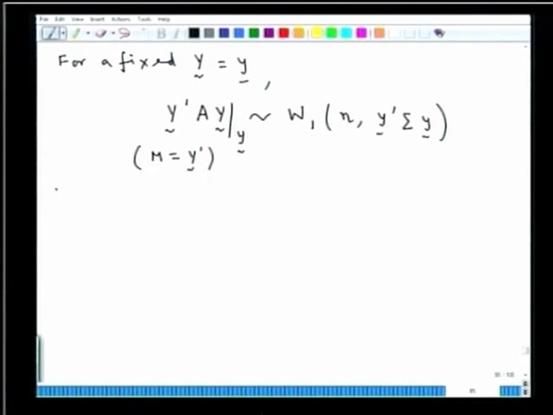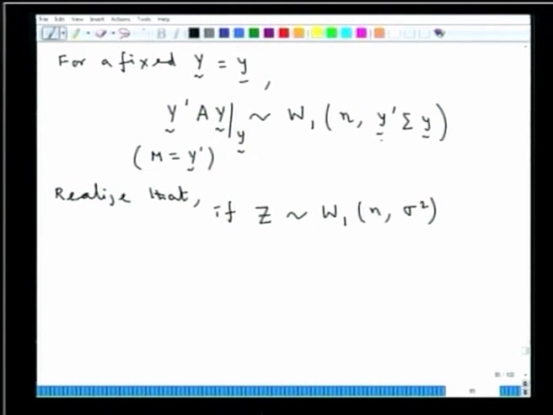Now realize the following: what is so special about a Wishart distribution on 1 dimension? Realize that if we have z following a Wishart(1, n, σ²), then since this is Wishart in one dimension, it is going to be a scalar quantity.